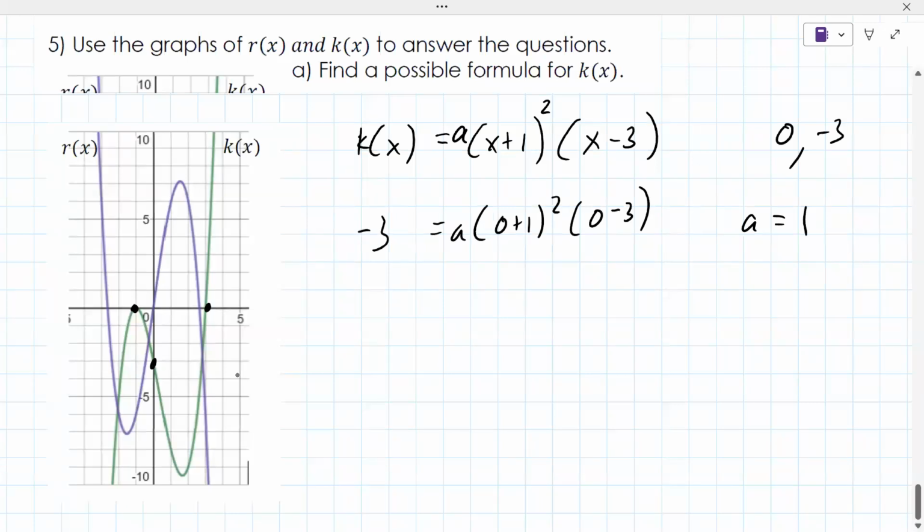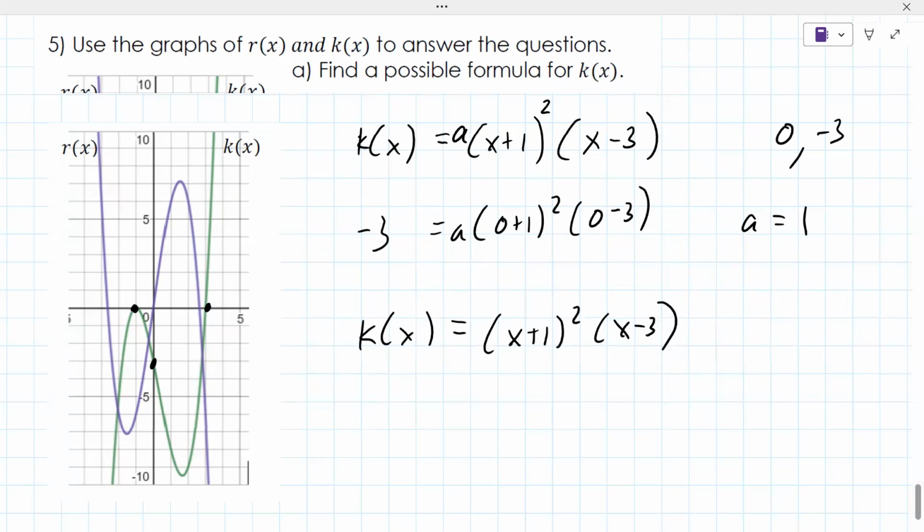So k of x equals x plus 1 squared times x minus 3.